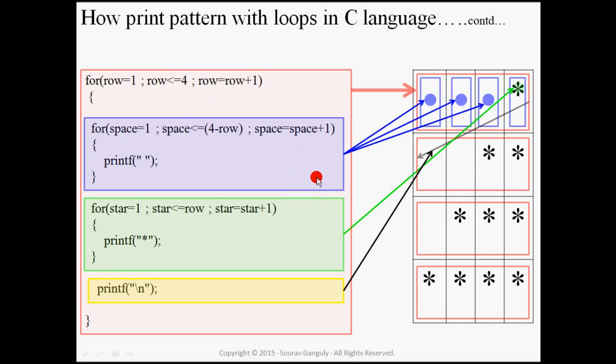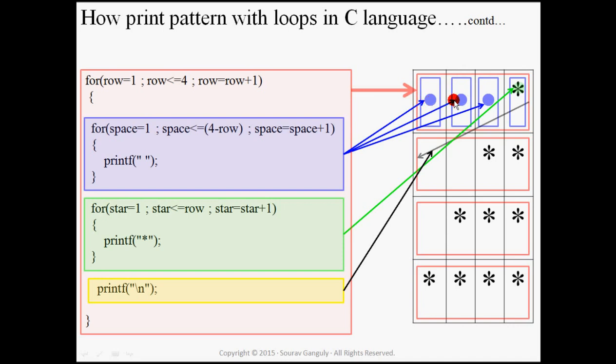This blue section prints the spaces in a row, and this green section prints the symbols in a row. That means row 1 contains 2 sections. The first section is space and the second section is star.